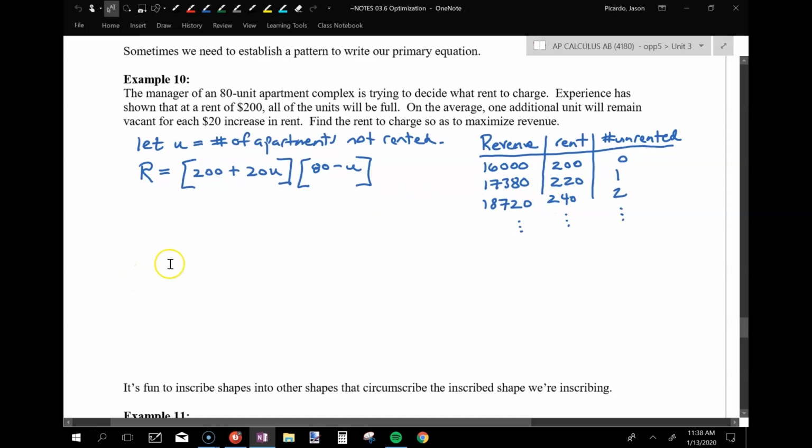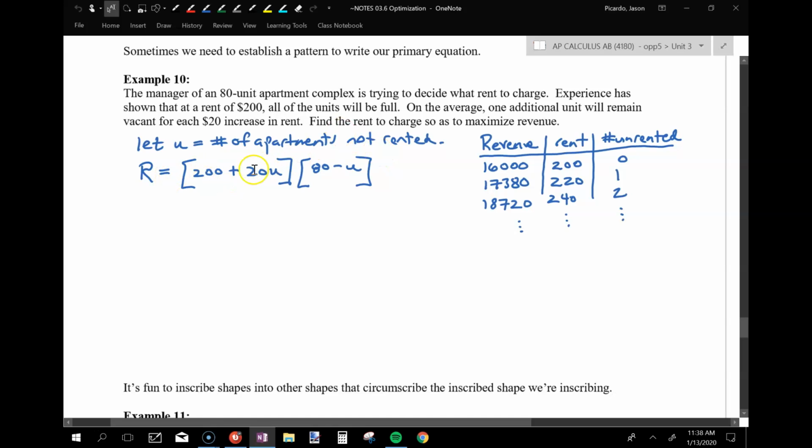So I came up with the following formula, right? And again, it's problem solving, right? It's looking at this, seeing if you can come up with a pattern, right? So what happened here? Well, U is going to represent the number of apartments that are unrented. How was I calculating revenue? The rent times the number that are rented, right?